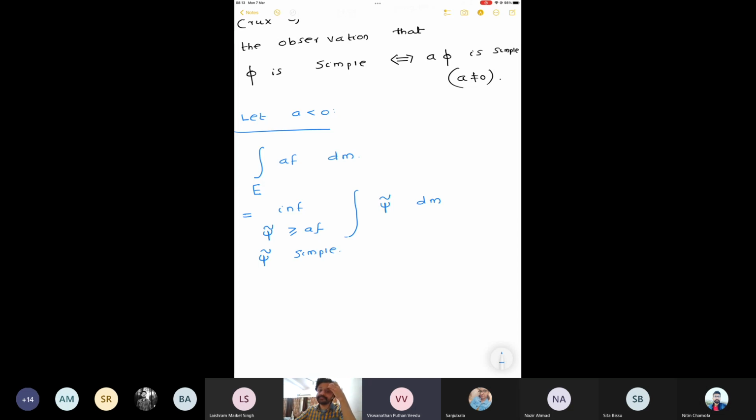Do you agree? Yes, sir. Integrating af, we will achieve via integrating a simple function greater than or equal to af, or you could have done less than or equal to af and then taken the supremum.